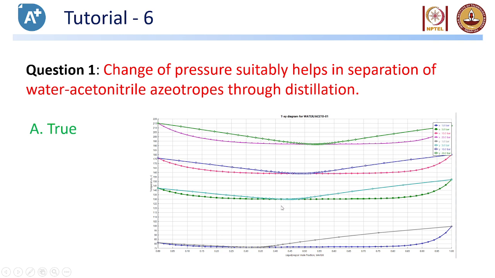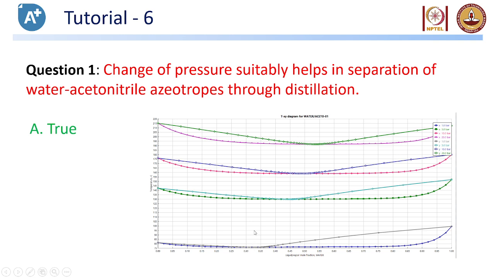Now I'll decrease the pressure to 1 bar, which means I'm on this curve, and separate this mixture in a different column operating at a different pressure. In this case, this is 1 bar. So now I have product B as one of the outputs and homogeneous azeotrope as the other product.